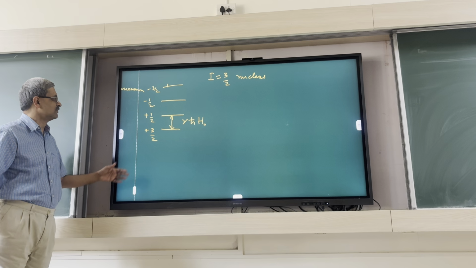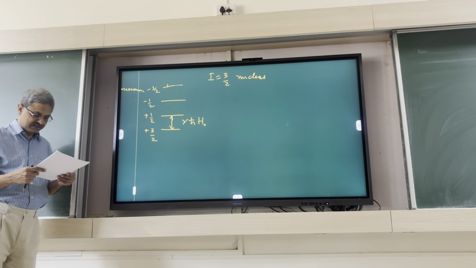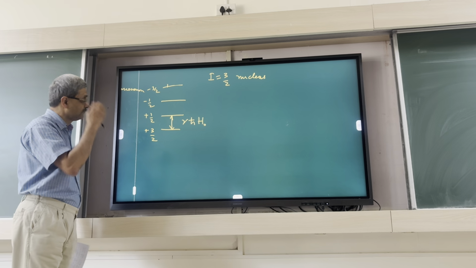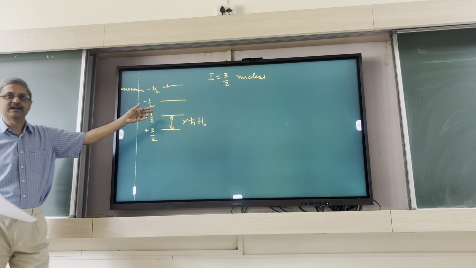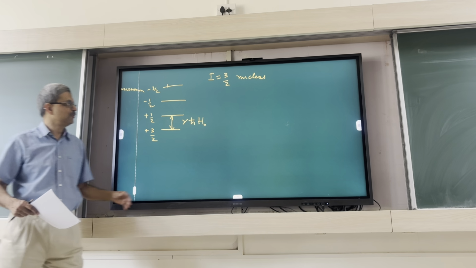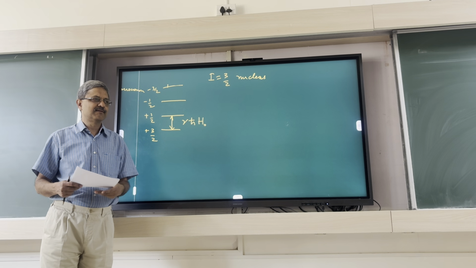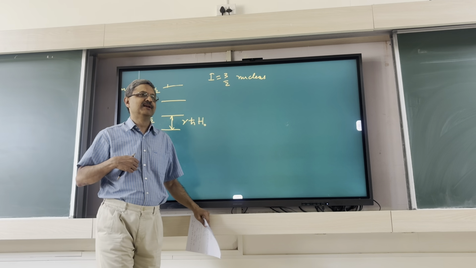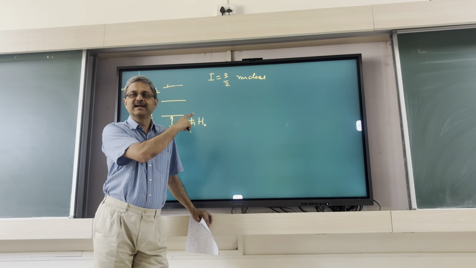So you get these levels, and of course they're equally spaced. In order to cause transitions from one level to another, you need another field, an AC field, and one can give arguments that it needs to be perpendicular to the K direction.